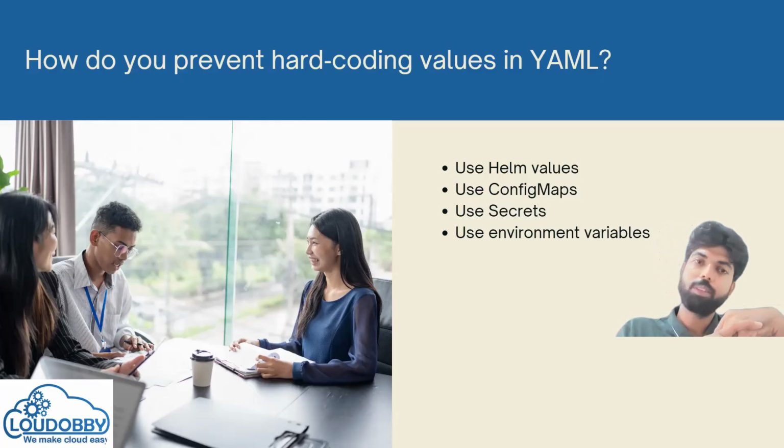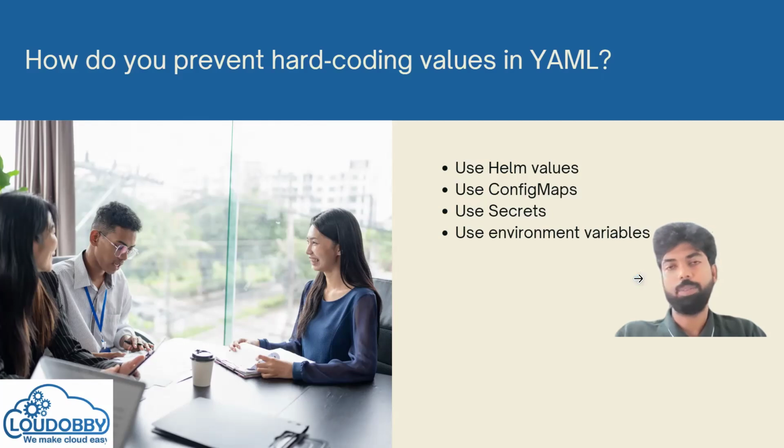Config maps is a Kubernetes concept: if you are not using Helm at all, you are on plain Kubernetes and you want to pass values to your Kubernetes environment, then Kubernetes provides config maps. It's nothing but keeping the values outside and passing them in. Helm values, Kubernetes secrets, and environment variables: these are the different ways to prevent hard coding values in the YAML file. Okay.